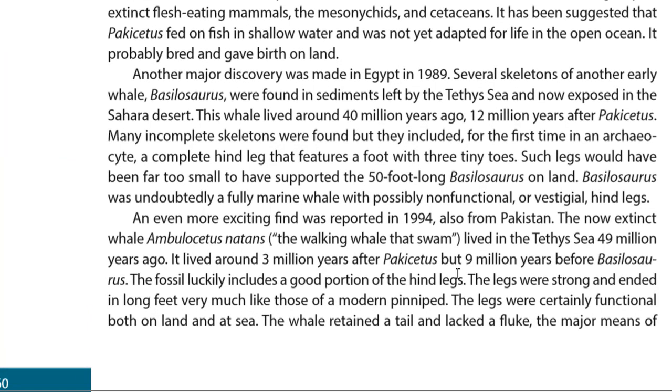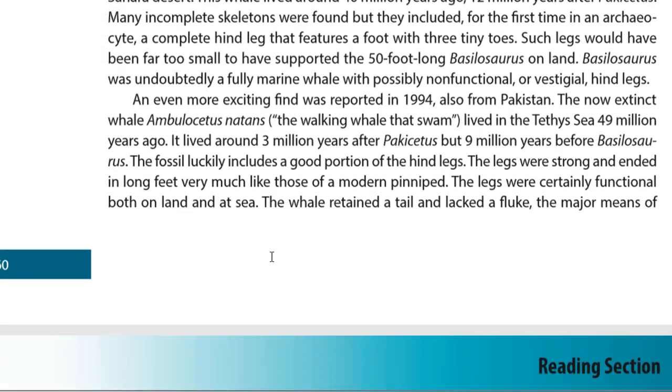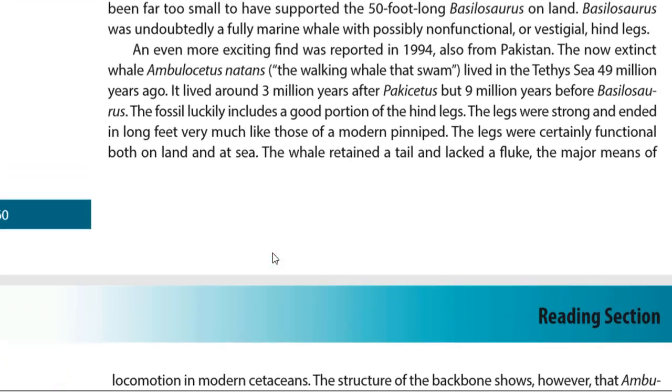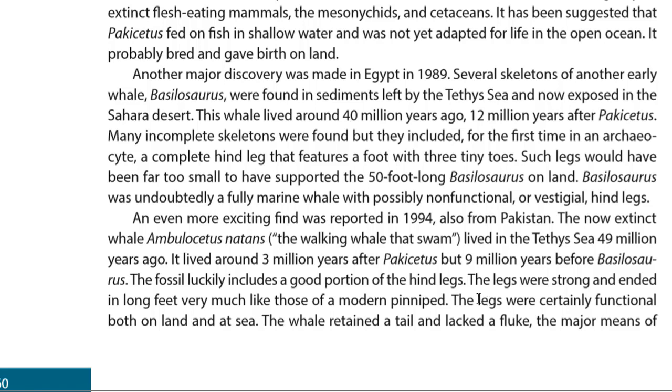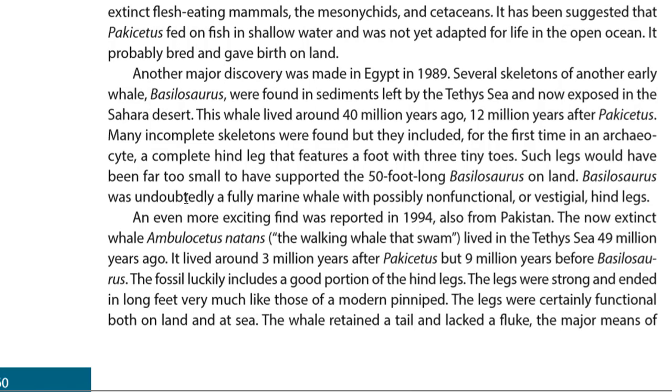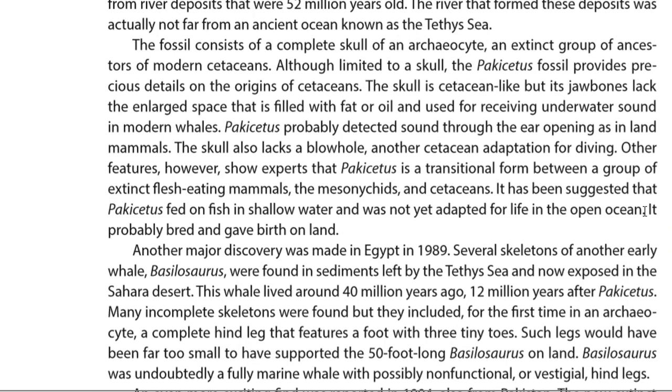Okay? But if we do have time, we go to the paragraph before this one and try to read the last sentence. Basilosaurus was undoubtedly a fully marine whale with possibly non-functional or vestigial hind legs. It probably bred and gave birth on land. It has been suggested that Pakicetus fed on fish in shallow water and was not yet adapted for life in the open ocean. It probably bred and gave birth on land.